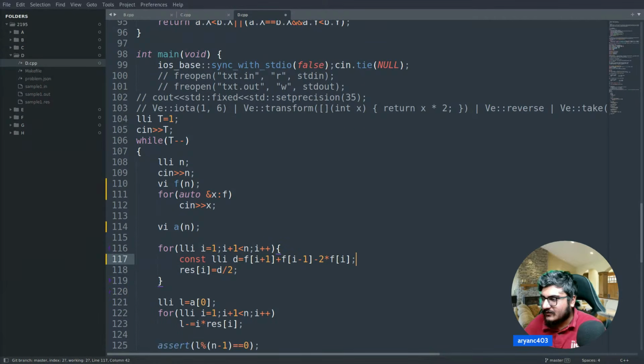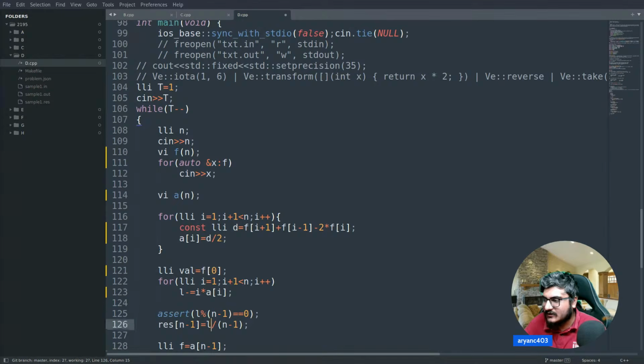Half of this is our a i. Once you know this, you can take f0 and then multiply all the elements from 1 to n minus 1. Whatever you get, you can divide this by n minus 1 to get the last element.